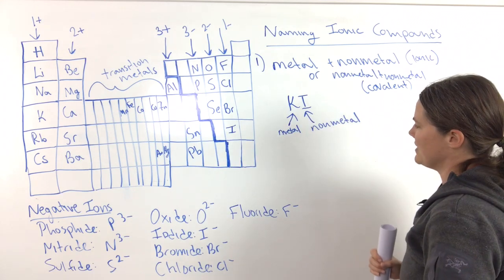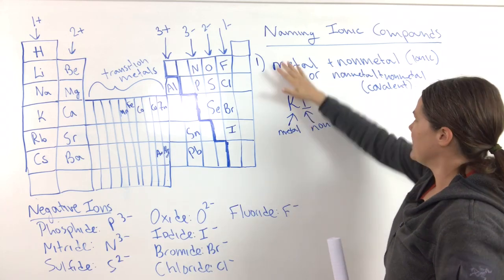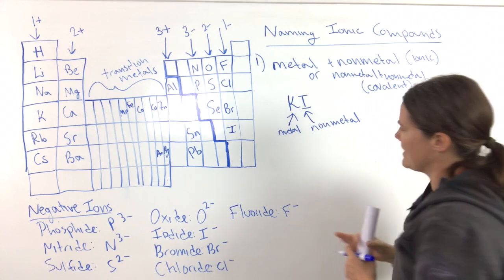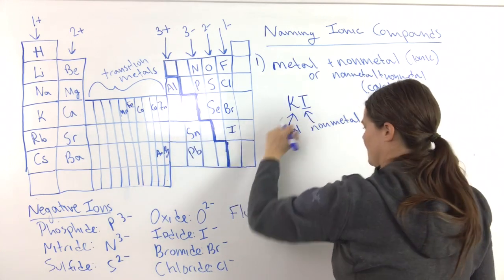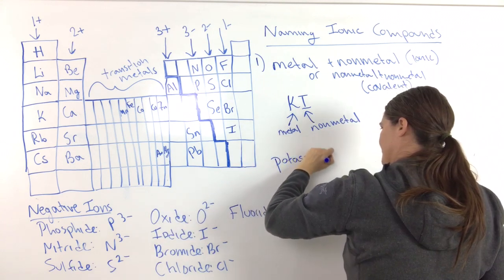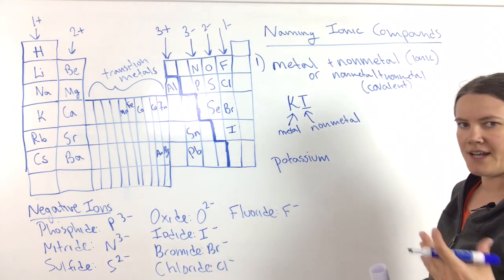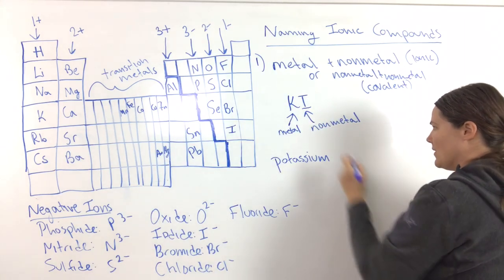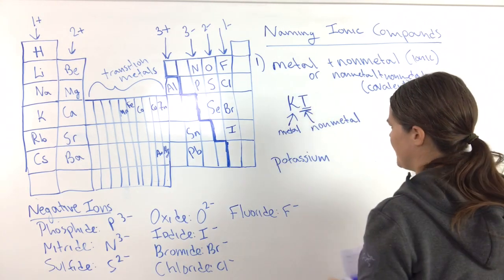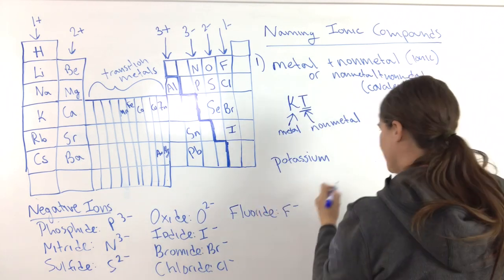So now, to name this, for ionic compounds all we need to do is write down the name of the first element. In this case it's potassium. And then we write down the name of the second element, only instead of writing the full name, we take the first syllable of the name and add "ide" to it.